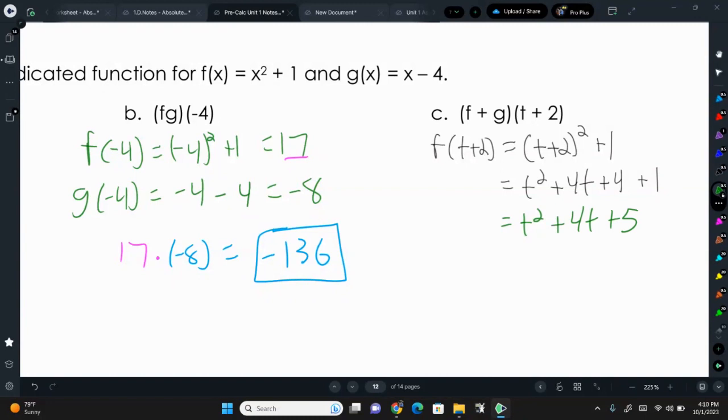So that was f(t + 2). Now g(t + 2) is going to be t plus 2 minus 4, which is going to be t minus 2.